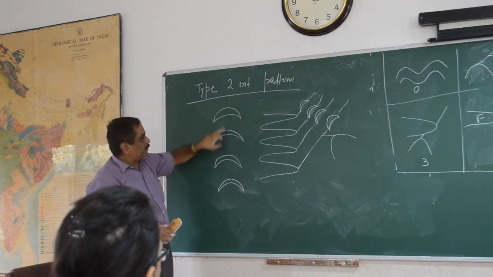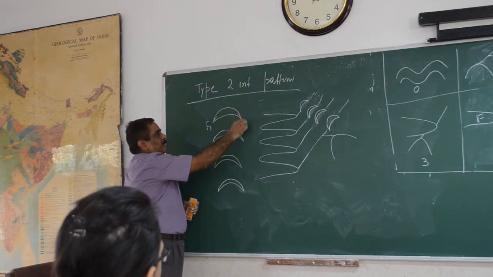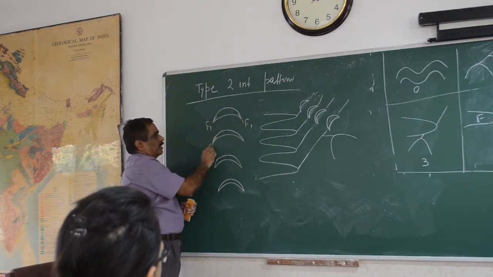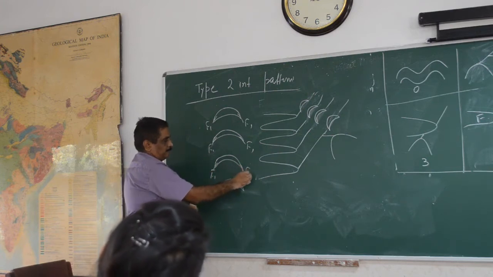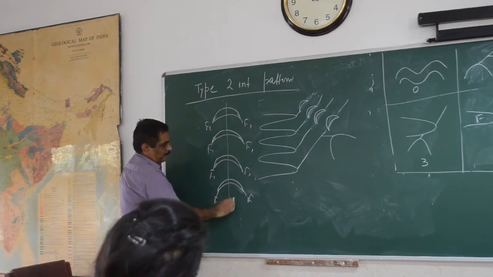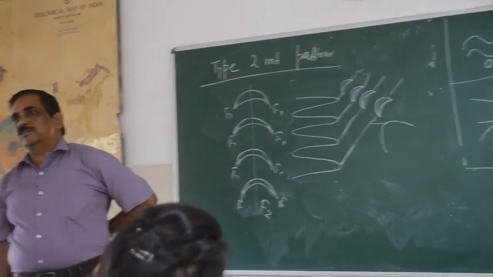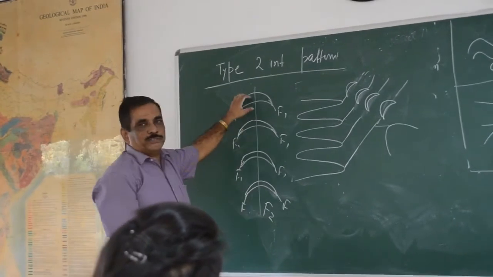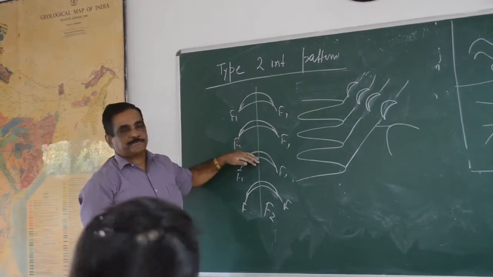So this indicates the number of F1 folds. So this will be F1, F1, F1, F1, and this will be F2. Understood, na? Why a stack of crescents is produced? When you have a stack of F1 folds.